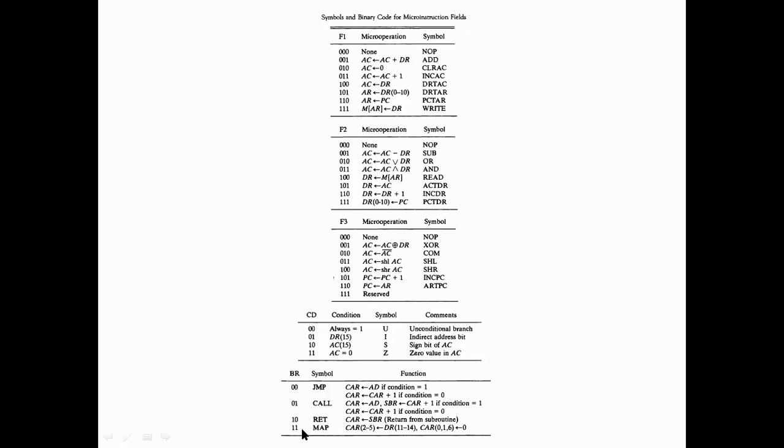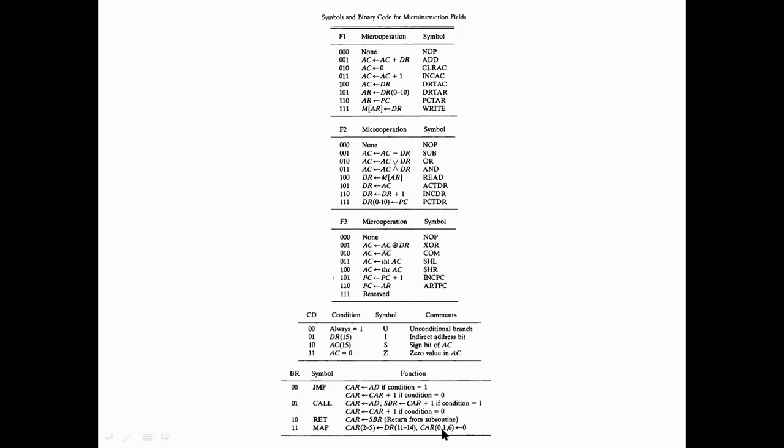And if it is 11, then it is the mapping that we saw earlier in the flow chart. 11 here means that the next address you have to take is through mapping of the opcode of the instruction code. So bits 11 to 14 will be the instruction code, and they need to be taken and mapped, and will give us the next address.